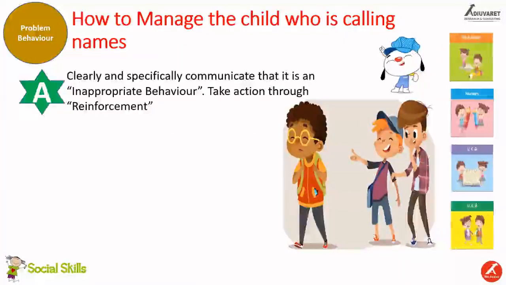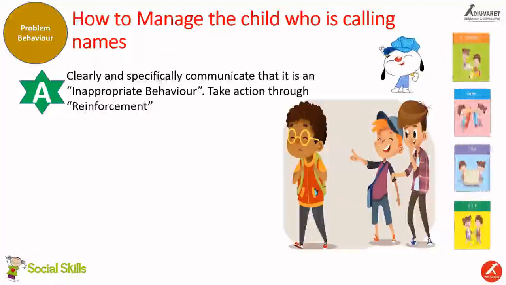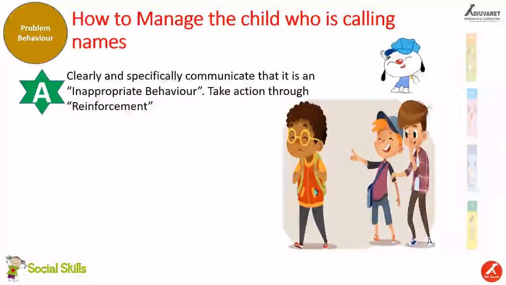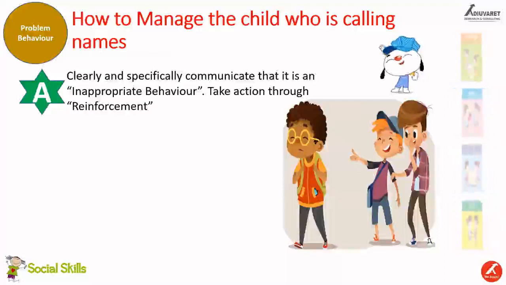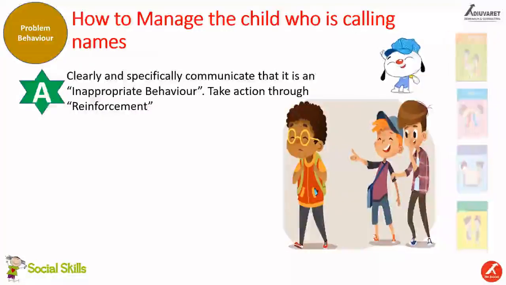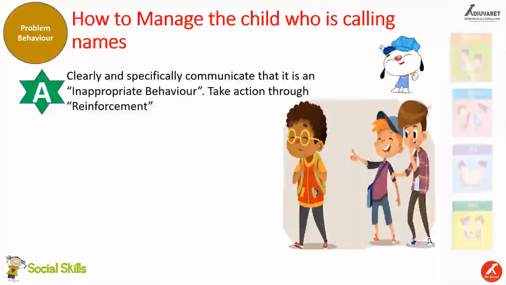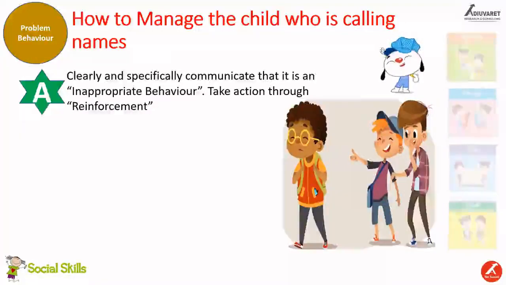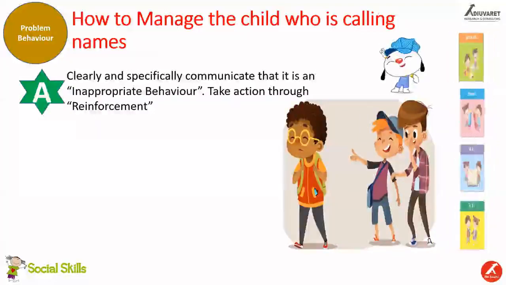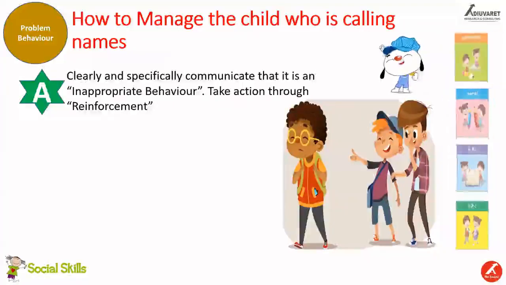Number one, when a child is indulging in such behavior, it's very important that we communicate with specificity that such behavior is not appropriate. And apart from communicating that, we must take some action through reinforcement. Reinforcement can be of two types.